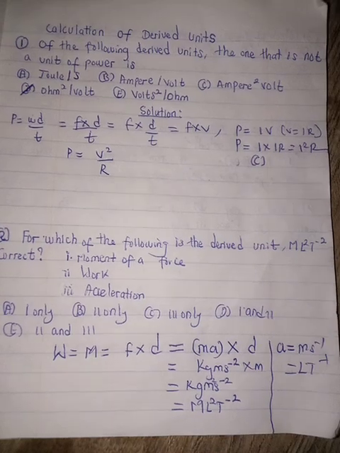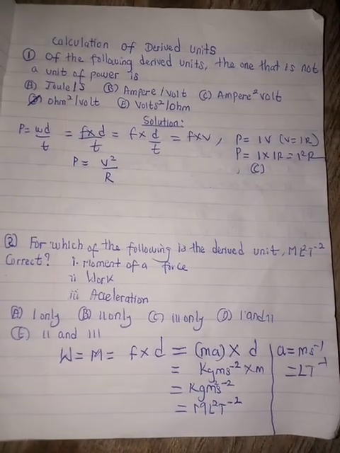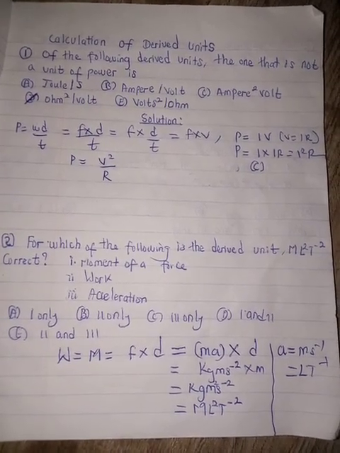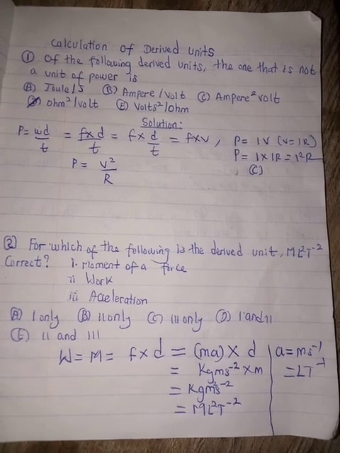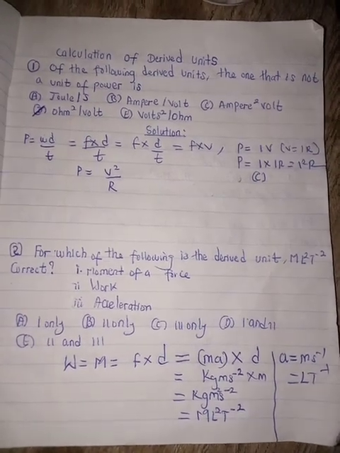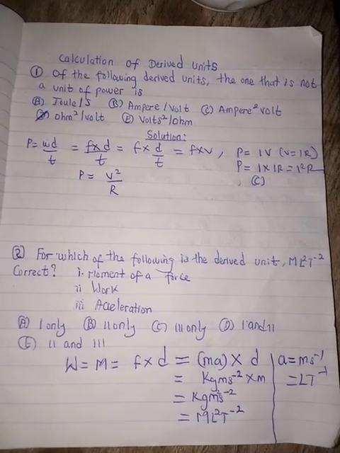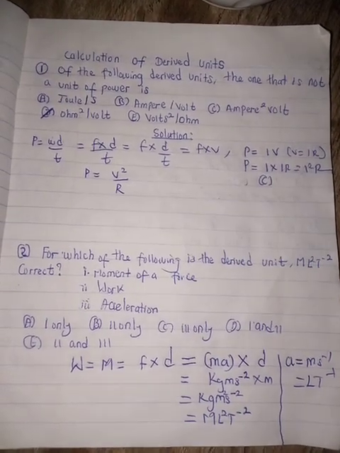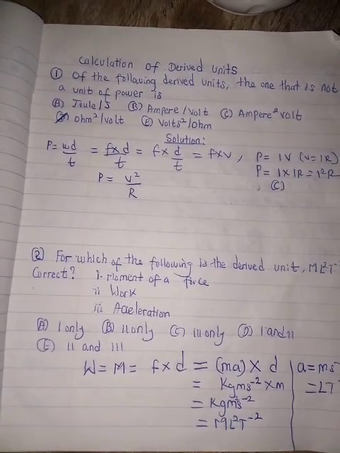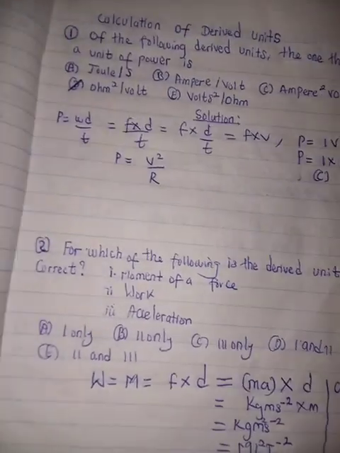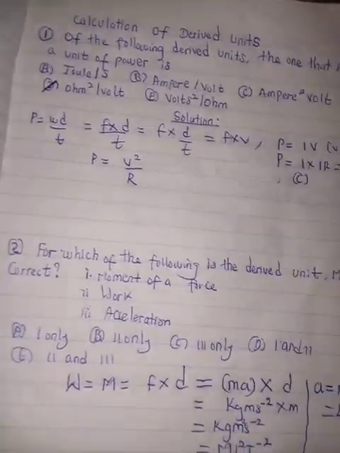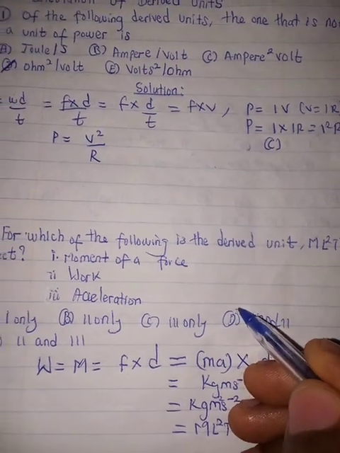It depends on something though, but that's not the dimension. Meter per second, the quantity that has the unit meter is length, the quantity that has the unit second is time. So L per T, which doesn't follow. So the answer is I and II, which is D.